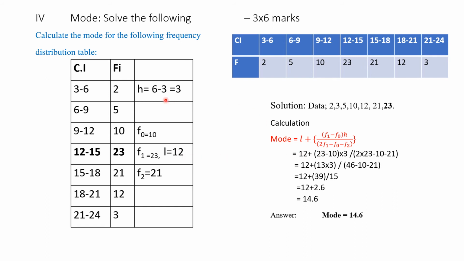And h is 6 minus 3, that is, the class interval is 3 everywhere. Therefore, h is 3 here, divided by 2 f1, f1 we know is 23, so 2 into 23 minus 10 minus 21. Simplifying, we get the value of mode as 14.6. Mode is equal to 14.6.